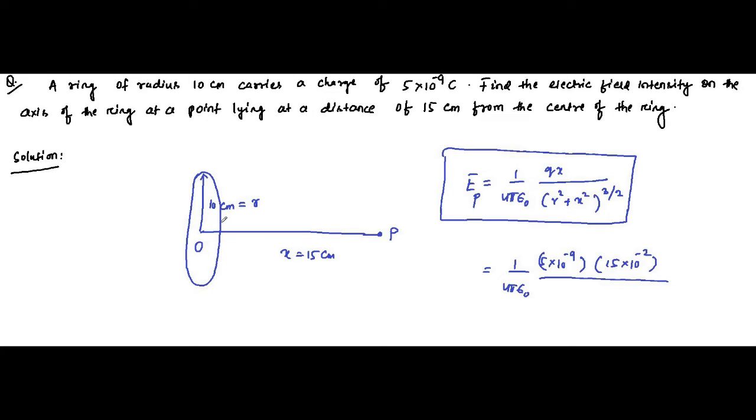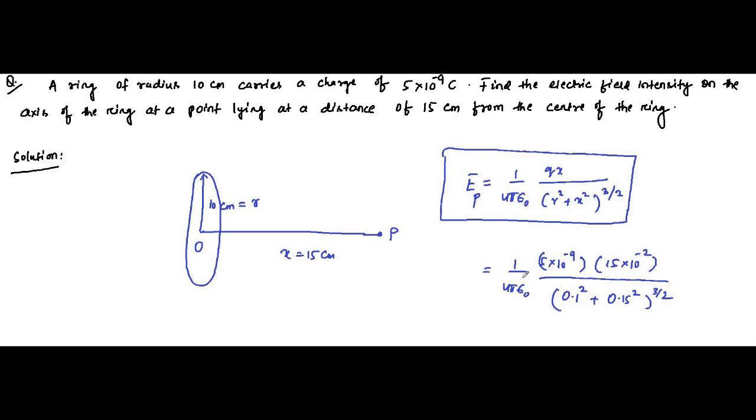Then r, the radius of the ring, is 10 centimeter, which is 0.1 meter, so 0.1 square plus x square, with x again 15 centimeter, 0.15 square, all to the power 3 by 2.